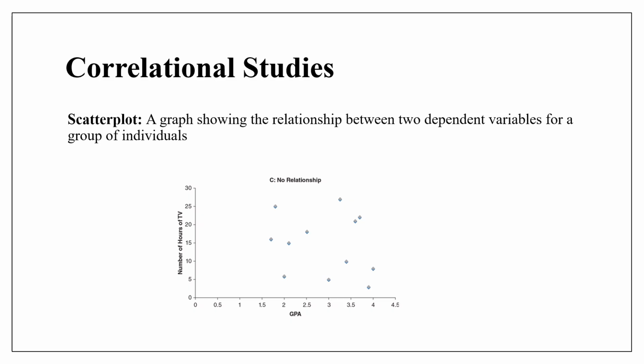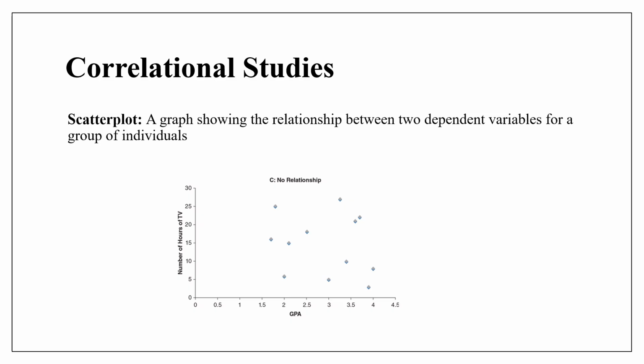Now here the scatter plot functions very similar to what you might have learned back in high school or some of your early math classes here in college. We have a y-axis and we have an x-axis.